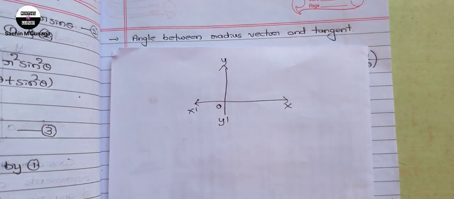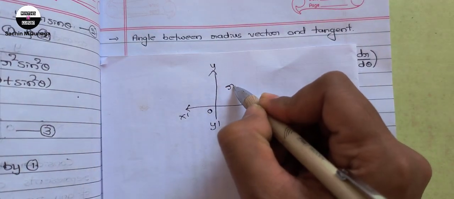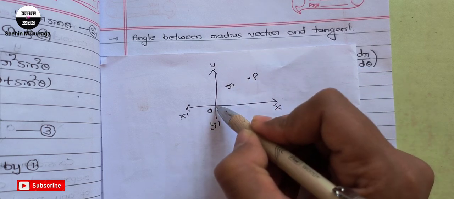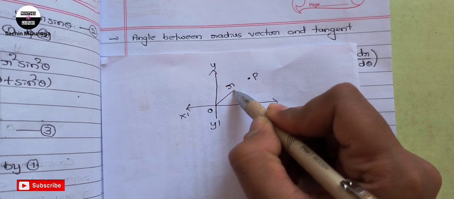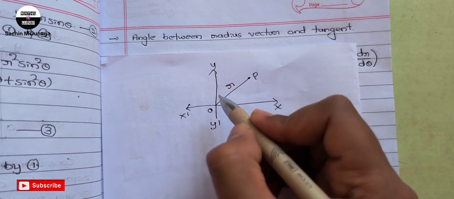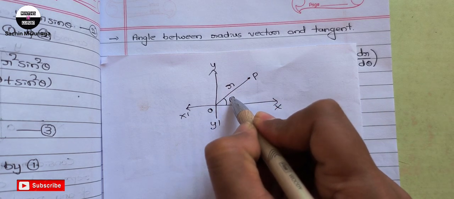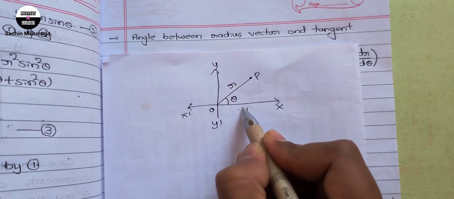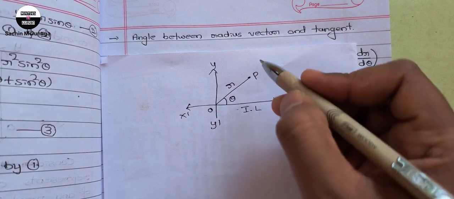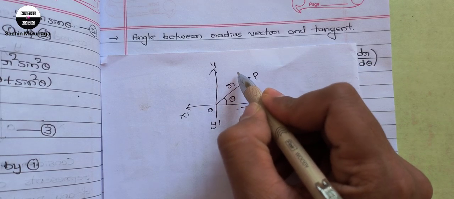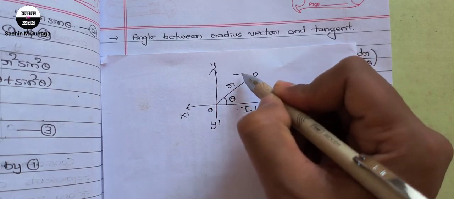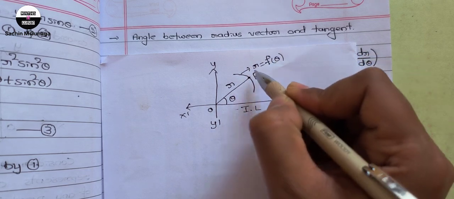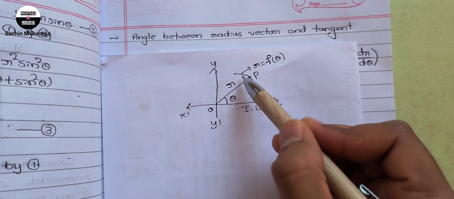Suppose I consider this as point P, let r be the distance from the origin to this point P, and theta the angle between this radius vector and the initial line. Then the curve r is equal to f of theta, we are going to call it a polar curve.